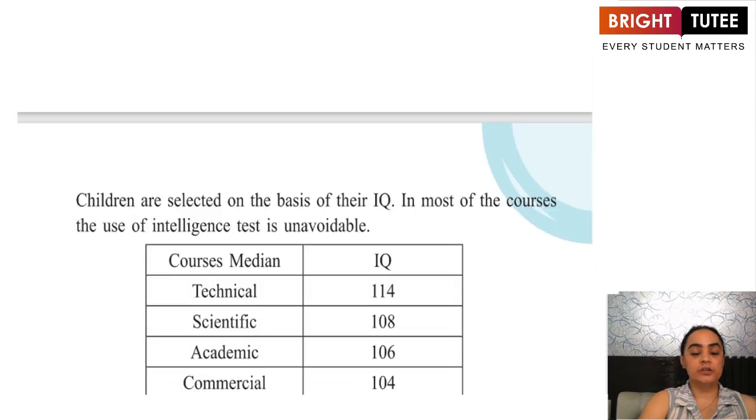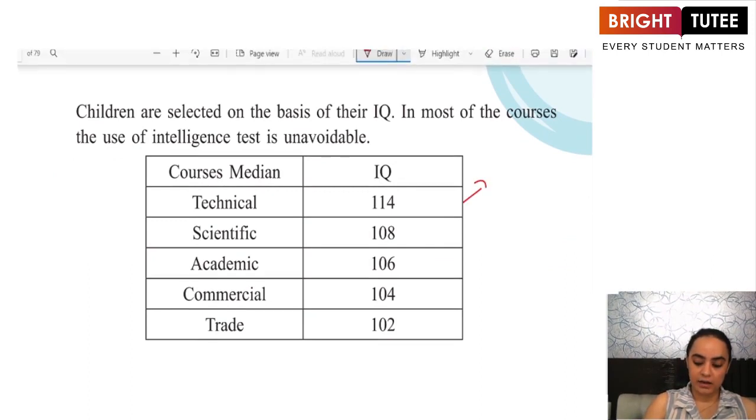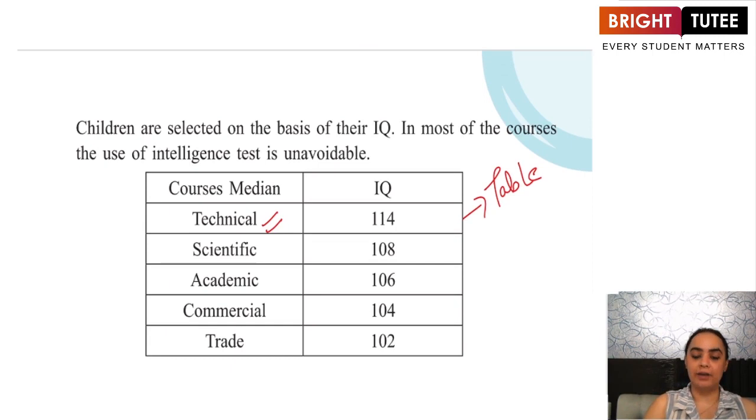Now, children are always selected on the basis of their IQ, and this table shows the acceptable IQ level of the children. For technical courses, the students should have an IQ level of 114. For scientific courses, the IQ level which is expected is 108.